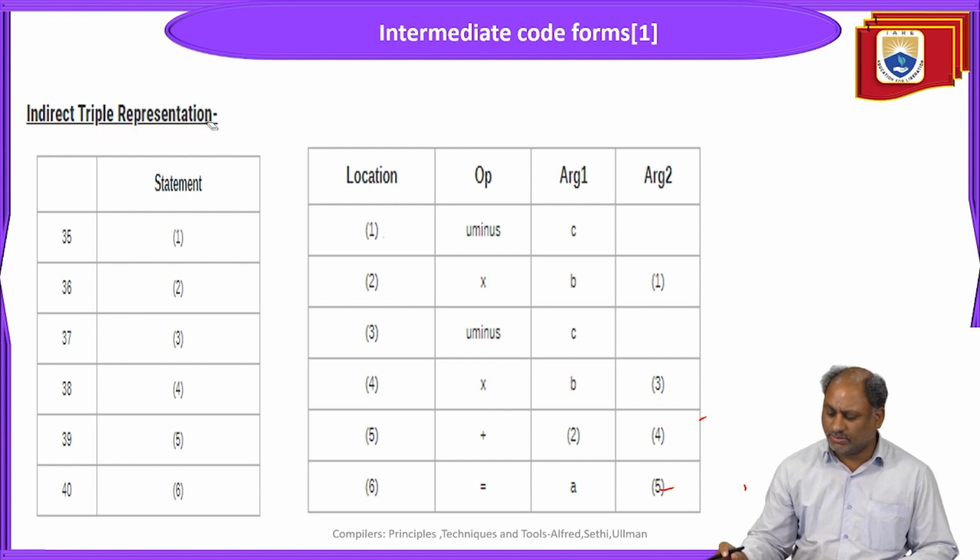Two columns are to be written separately. So this is a very simplified table compared to the previous two tables. You only have to write the address where the pointer is located. That is to be a reference to the corresponding three address statement, and it gives back the result to that particular location, and the corresponding statement has been executed.